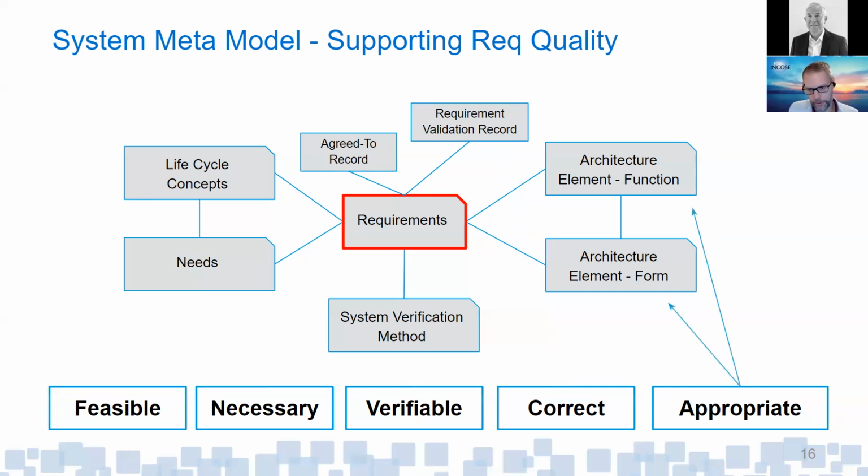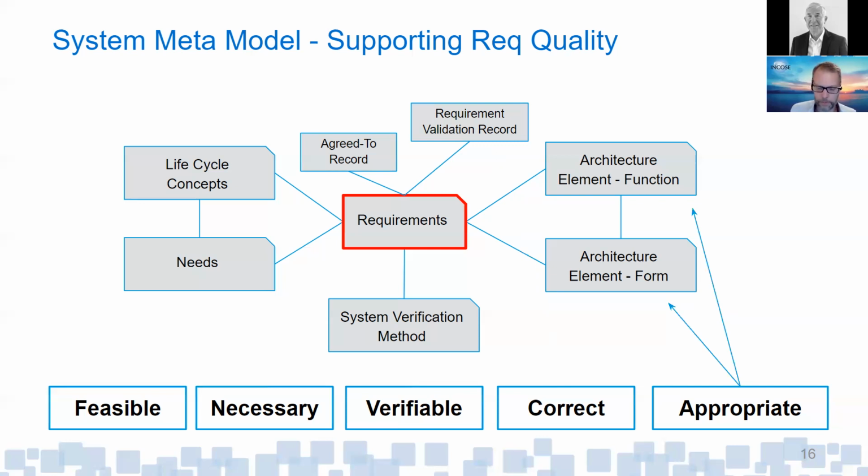What about appropriate? Is it written at the right level, for example, which is one aspect of appropriate? Yeah, we can look at, for example, whether this requirement is connected to the system or located in a system requirement set as well. And we can look for consistency between the name of the form element and the subject of the requirement.